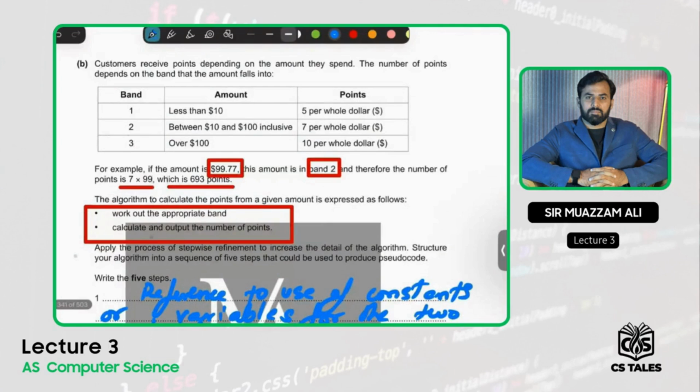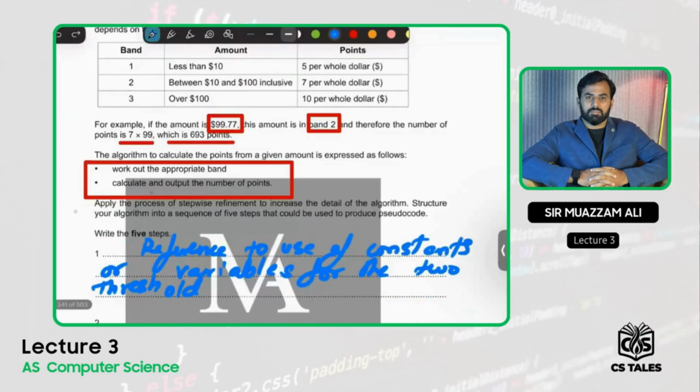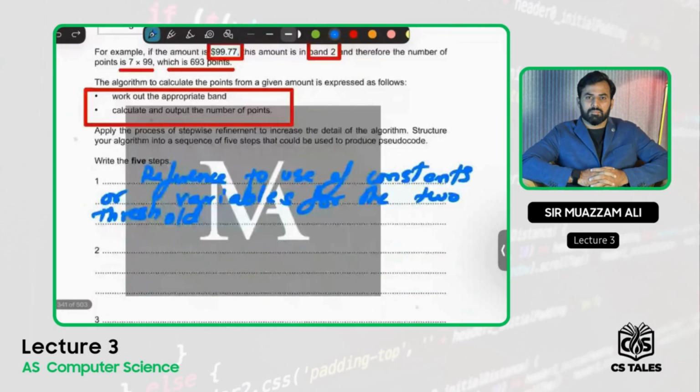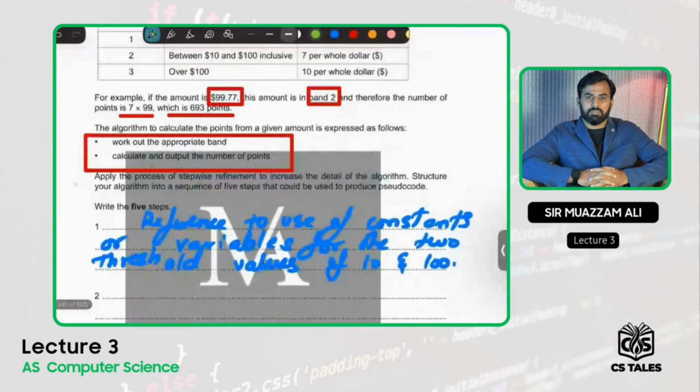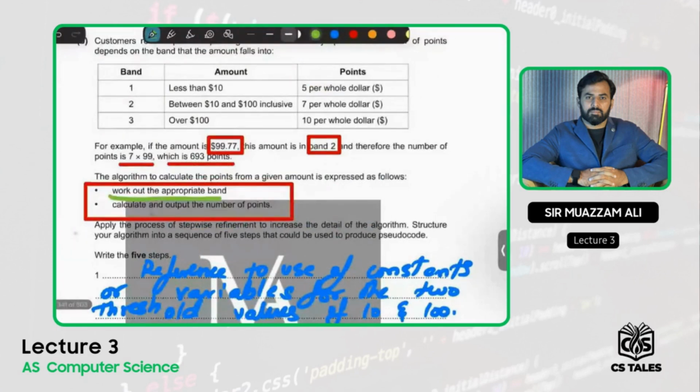At one point he told the examiner, let's suppose 10 till 100, you must know about that. Values of 10 and 100. Next you can say that he is asking about work out appropriate band.